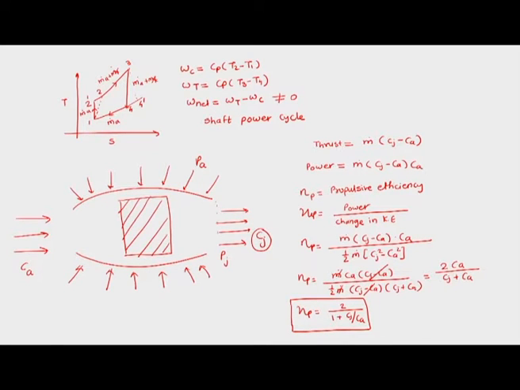This propulsive efficiency is used to judge between two engines to understand which is the better engine, having more propulsive efficiency. Since propulsive efficiency is 2 upon 1 plus Cj upon Ca, this formula clearly says that propulsive efficiency is equal to 1 if Cj is equal to Ca, and propulsive efficiency is 0 if Ca is equal to 0.